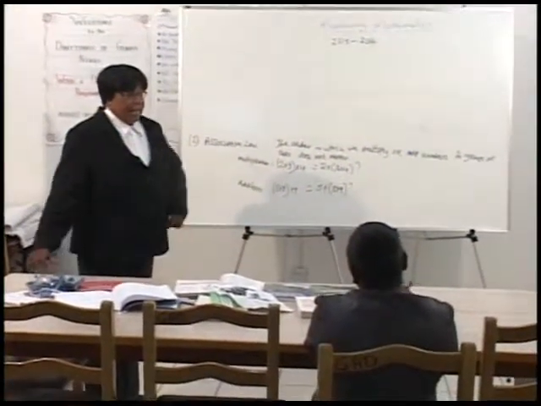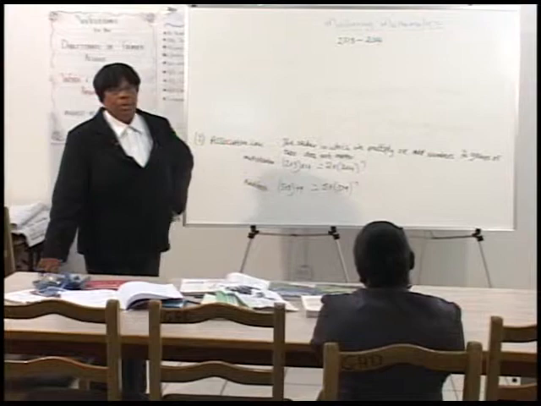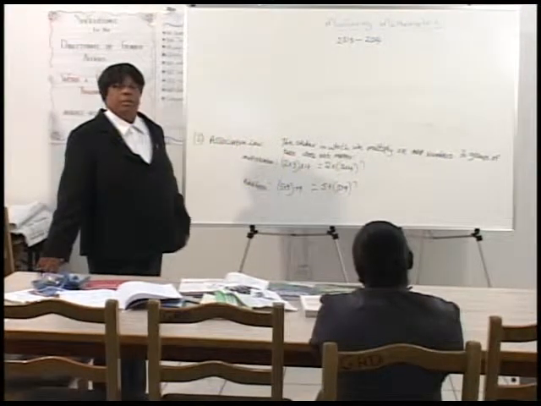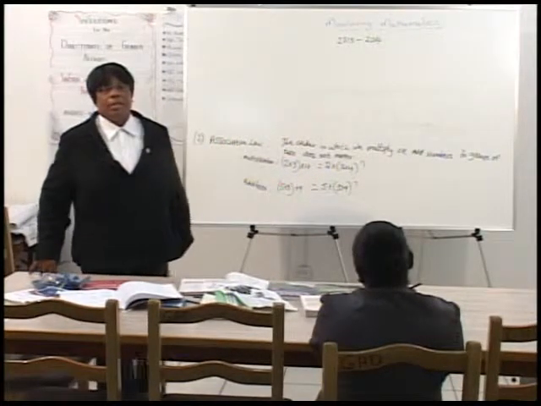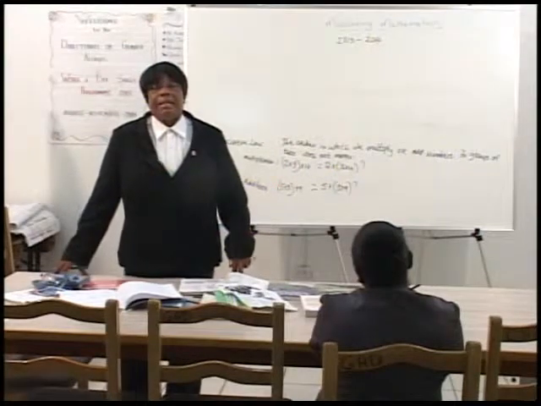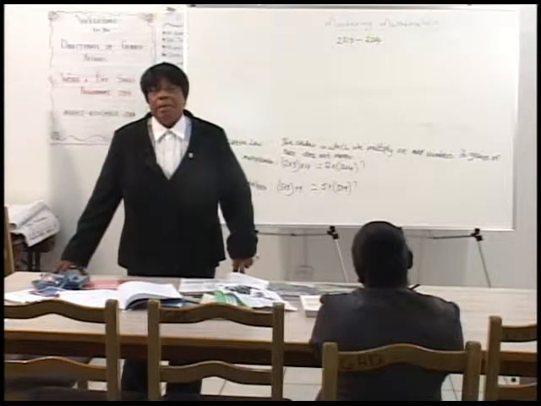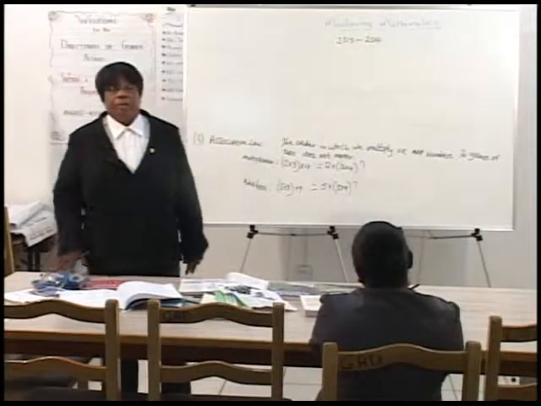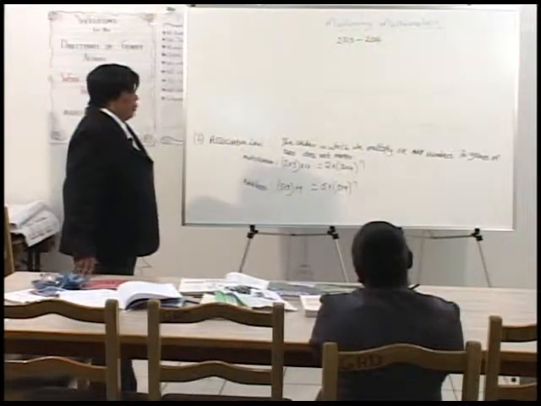Yesterday we began and we started with our laws. We gave you two laws. We had the commutative law, in which we said that the order in which we add or multiply numbers does not matter.